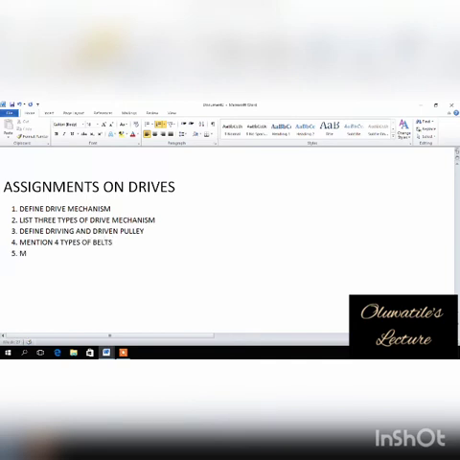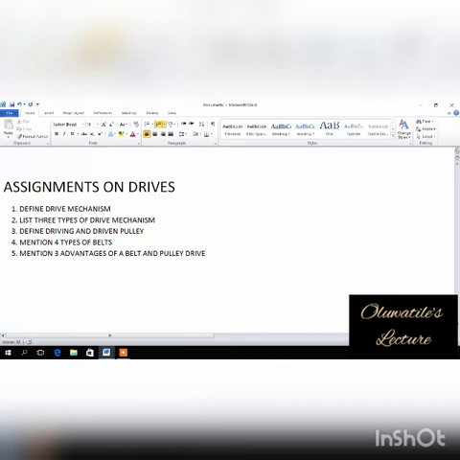And the last one, mention 3 advantages of a belt and pulley drive.